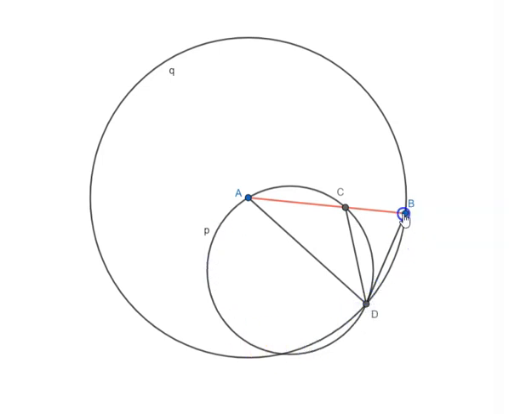Because B is outside this circle P, and two lines from B, one cuts the circle and the other falls on the circle in such a way that AB by BC is equal to BD square. And again, we have seen if that is the case, then BD touches the circle.